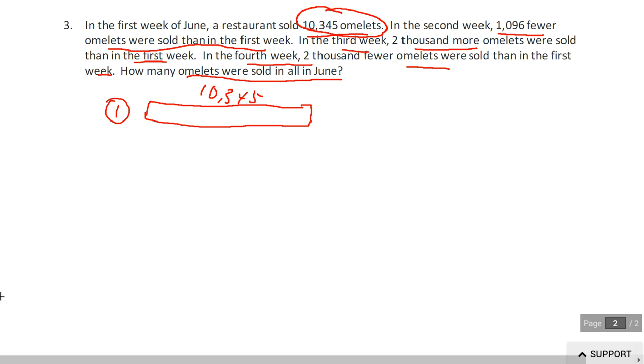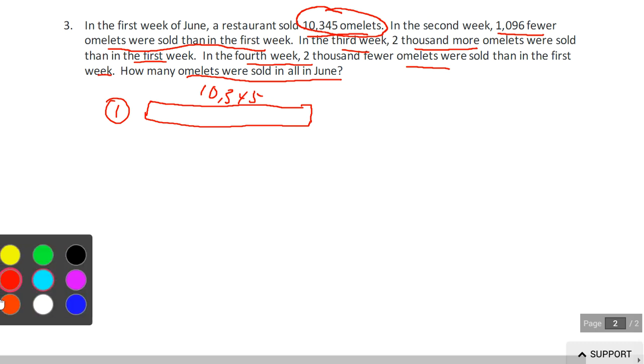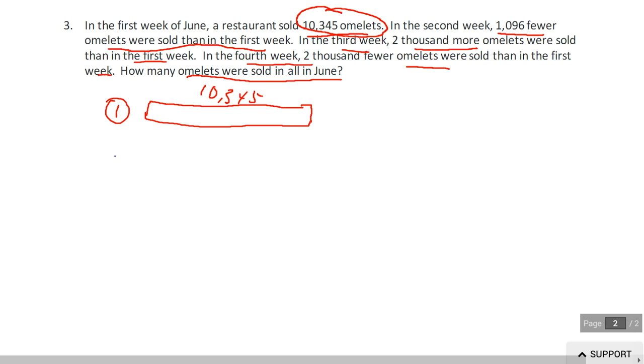So let's see. So for week 2, that's the second week here. This is how many? 1,096 fewer than week 1. So how do we show that? Well, it's going to be less. So our tape can't be as long as week 1. It has to be shorter. Okay, and it's shorter by 1,096.